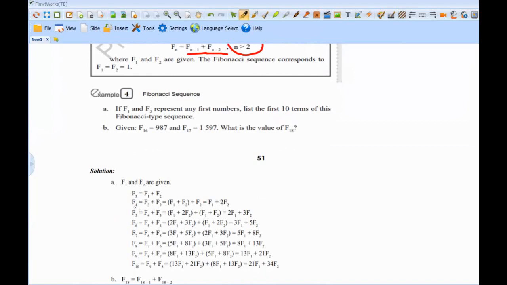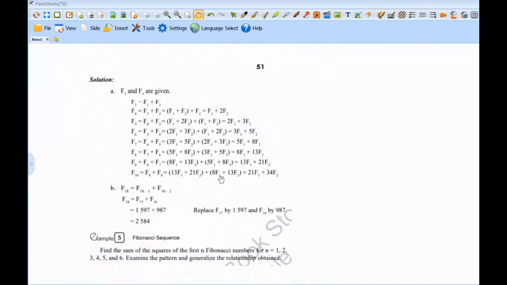Now, to get f sub 4, we will have f sub 3 plus f sub 2, where f sub 3 is f sub 1 plus f sub 2 again, and so on. This gets longer and will just give you confusion, writing a lot of f.